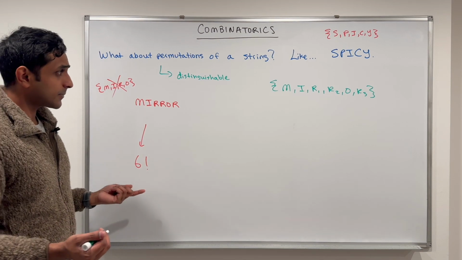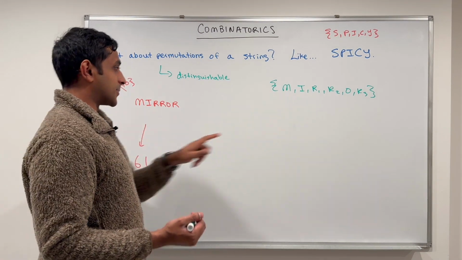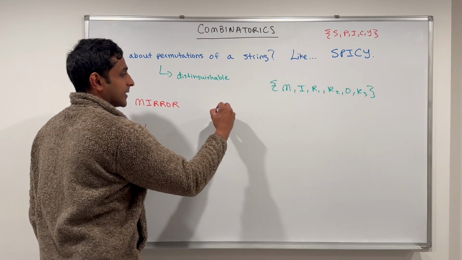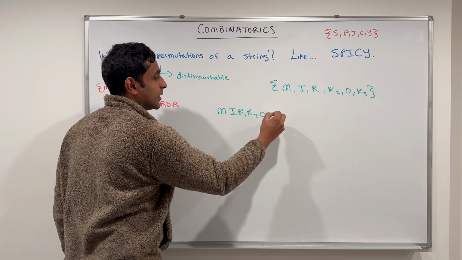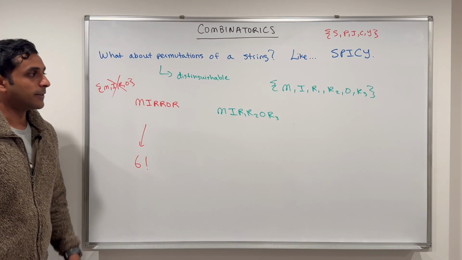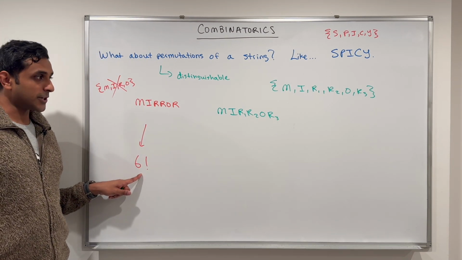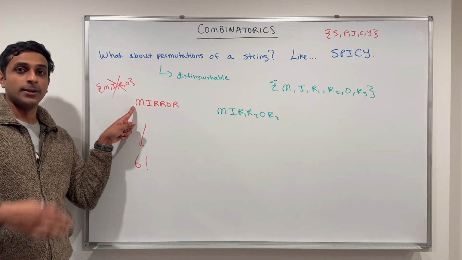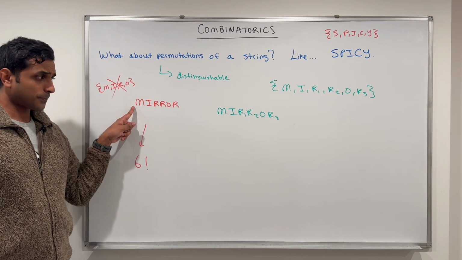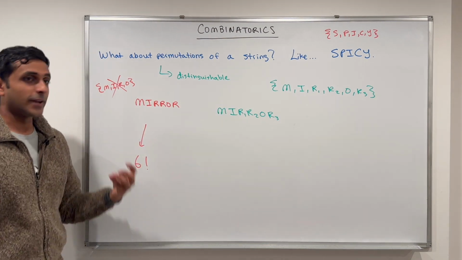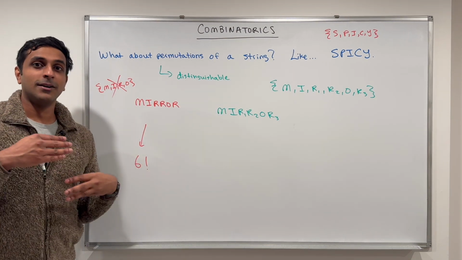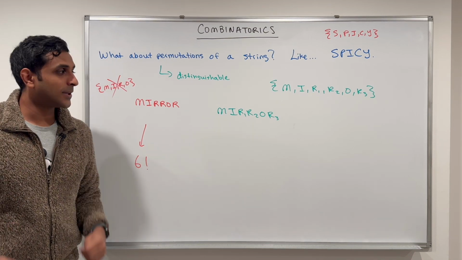Well, one way that you can order these letters to get to this string is to say mi, r1, r2, o, r3, right? That is one of the 6 factorial permutations, and that's going to lead to the original string mirror. But there are other permutations of these 6 letters that also lead to the same permutation mirror.